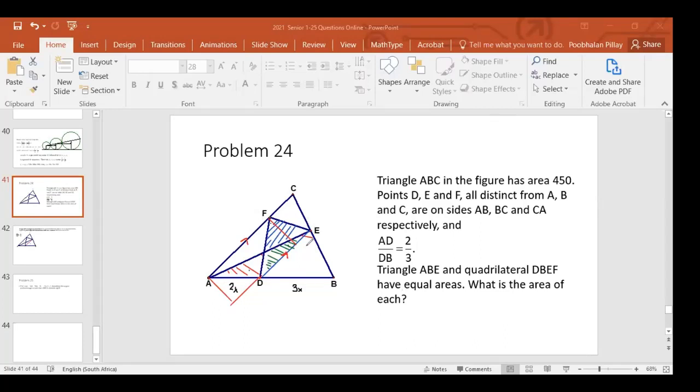And now the mean proportion thing comes through. Because if this is 2x and this is 3x, and you got these two lines are parallel, right? Actually, it's common sense. If I got a triangle and I got a line which is parallel, then they must divide these two in the same proportion.